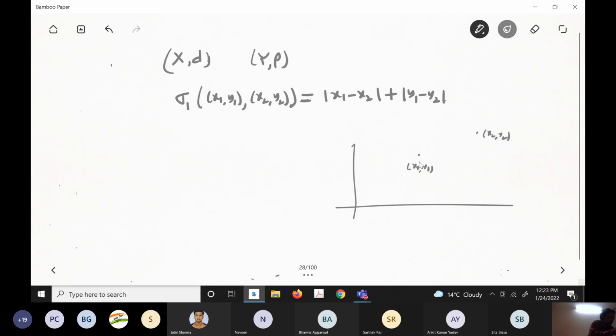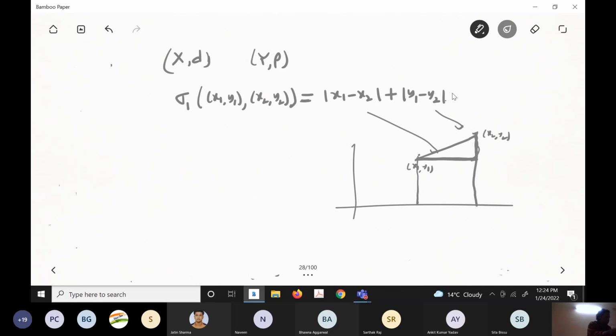Look at what you are doing: this is x2, x1, this one, and this one. So you are going along this. Previously you were taking the usual distance, that is actually this diagonal. But here you are taking this. This will give you a metric, but in fact this is easier to handle.